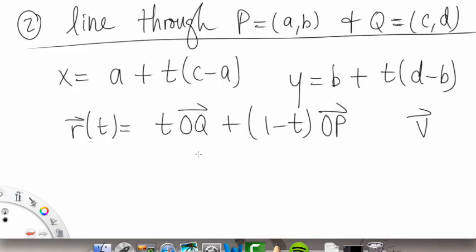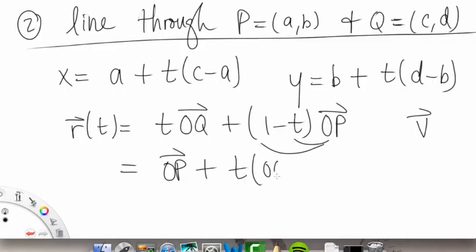Another way to write this is, if you distribute it, 1 times OP plus t times OQ minus OP. And that's the form that you see here, right?